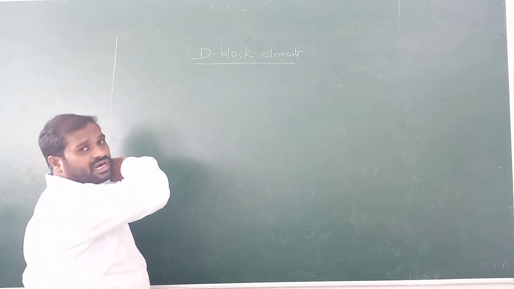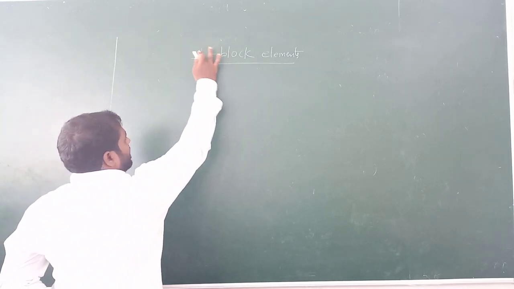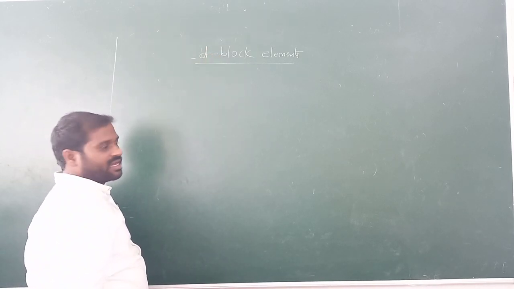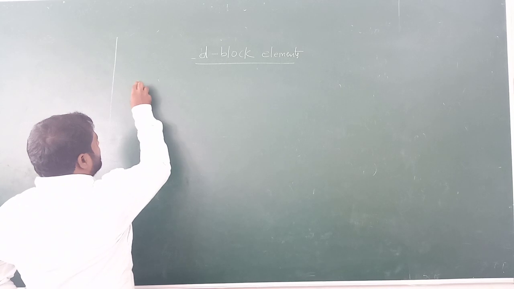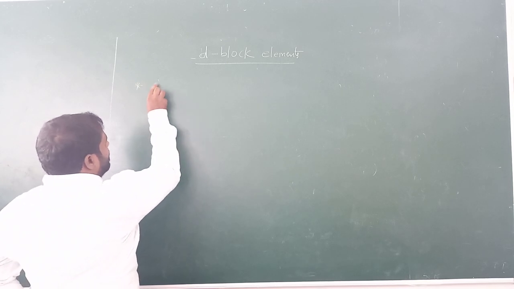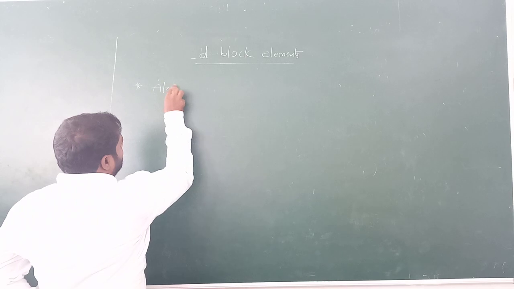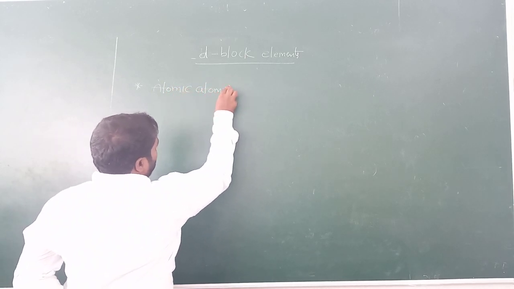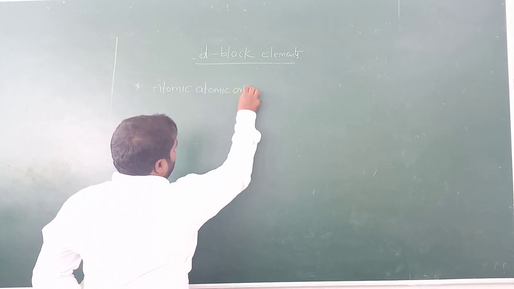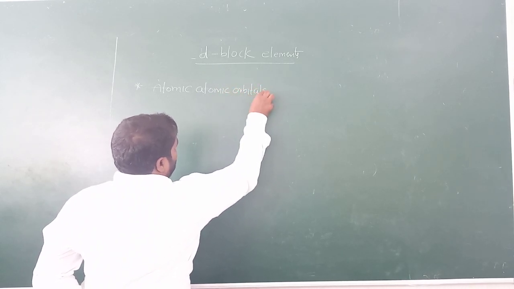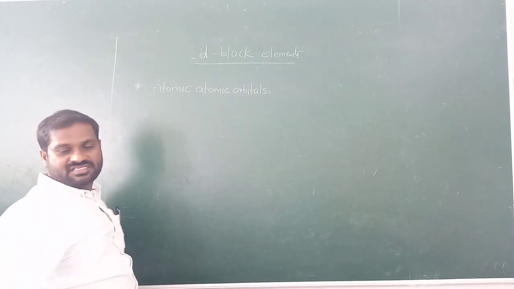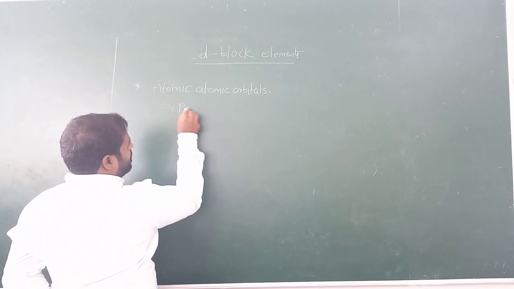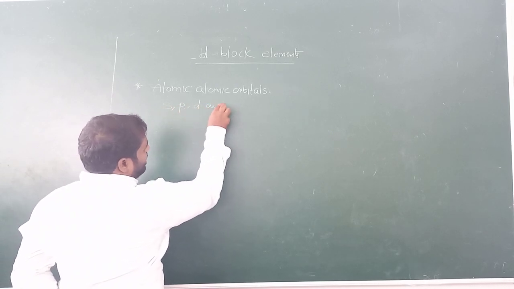we can write this small d, actually small d, d block elements. We have atomic orbitals. What are atomic orbitals? s, p, d and f.